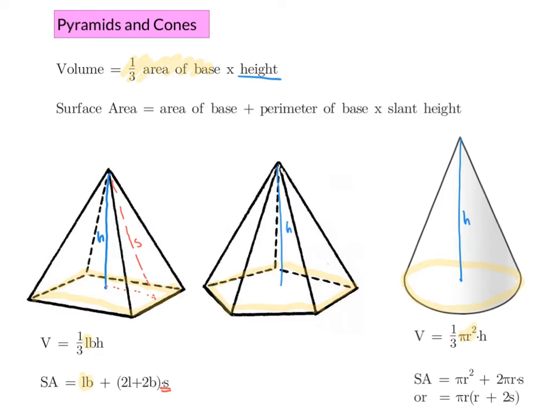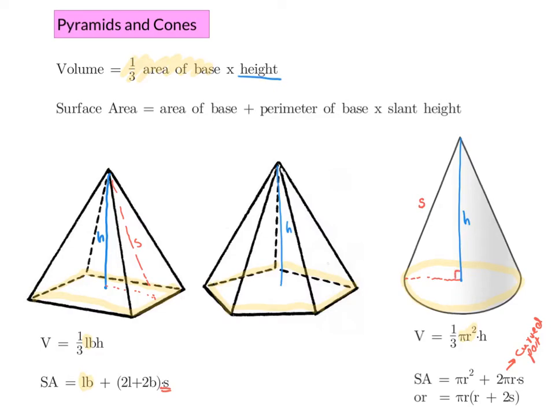Next, if I look at the cone, again, it depends on what I need. Do I need the area of the base? If I do, I'm going to say pi r squared. And then I'm going to add the curved part. If I look at the formula, this here is the curved part. Again, I'm not going to use the inside height. I'm going to use the outside height, which is called the slant height.